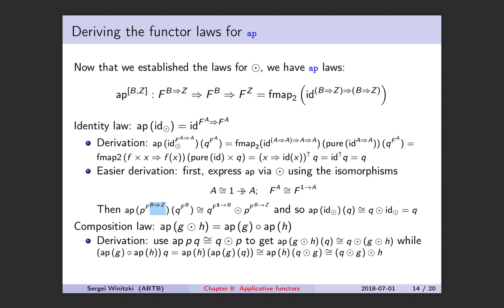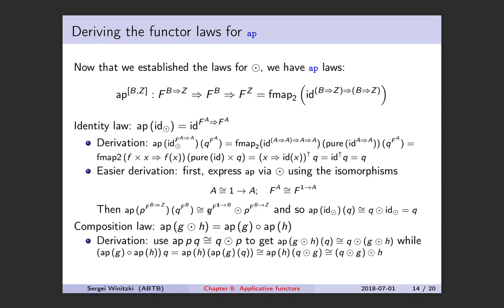But because of our isomorphisms, we can replace A by 1 to A here, and so we do that. This must have been a double arrow. I will correct the slide.